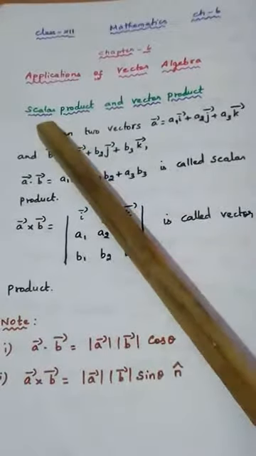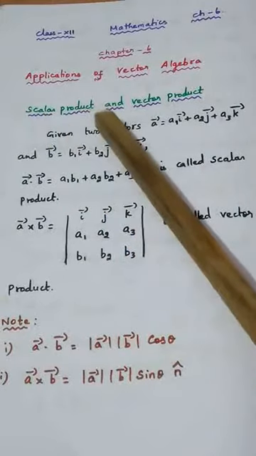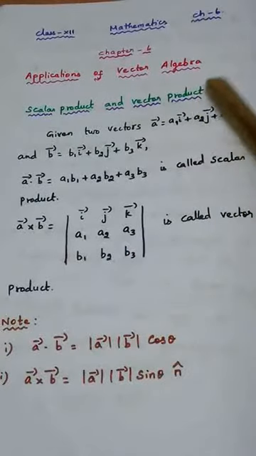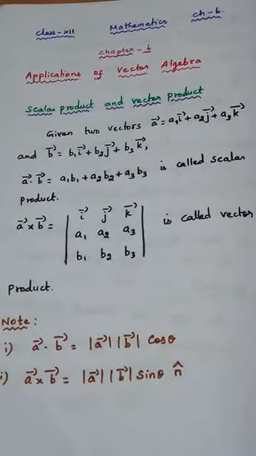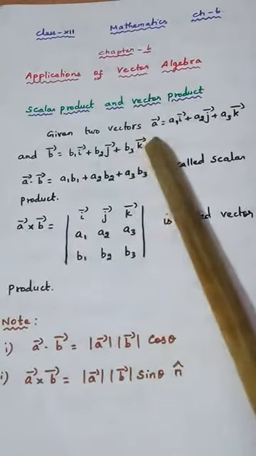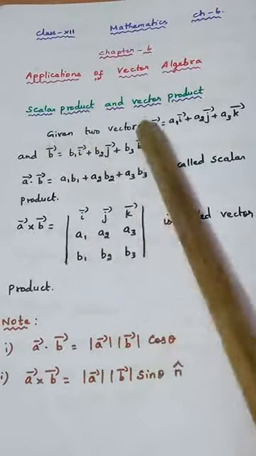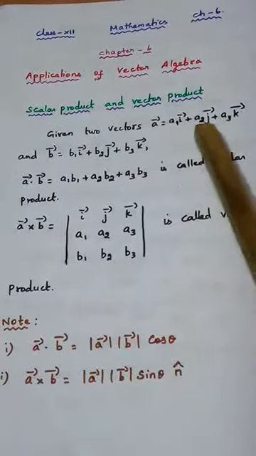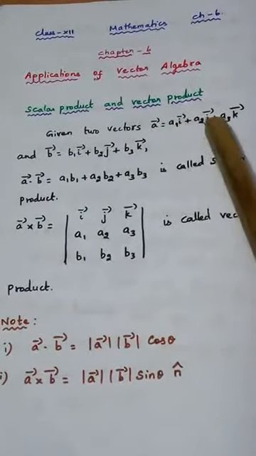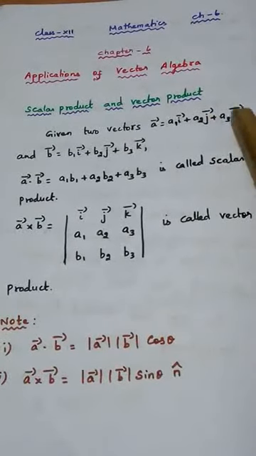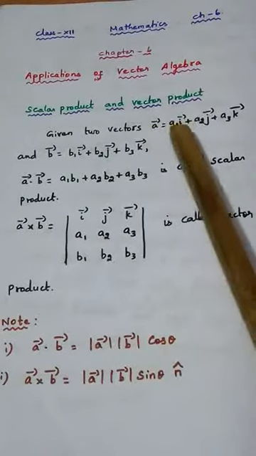Out of which the first one is scalar product and vector product. This is the first heading that we are going to see. This we have already seen in our 11th standard also. So given two vectors, A vector and B vector. These are all components of A vector. This is i component, j component, k component. So any vector can be written in this format.